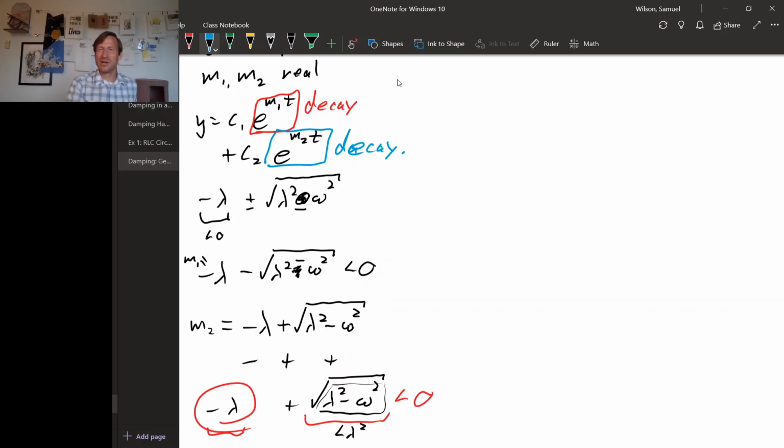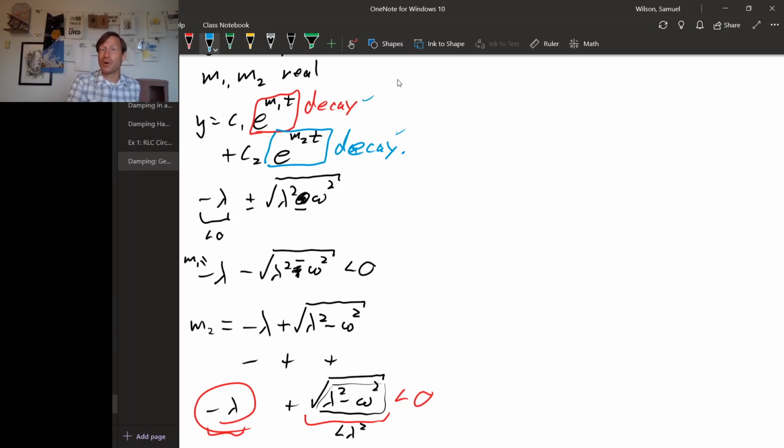That means if you chose your setup just right and then gave it a tap, the mass would fly off to infinity. But that's not very realistic. And indeed, we're seeing that that can't happen in this situation. So it's kind of a relief that these both turn out to be exponential decay.